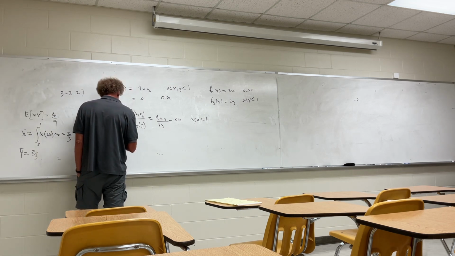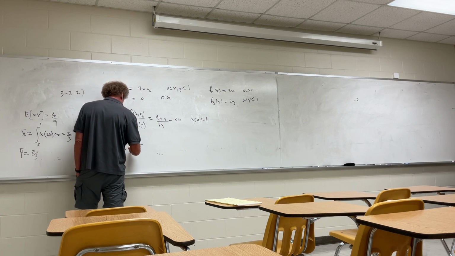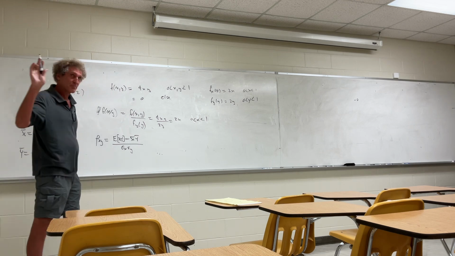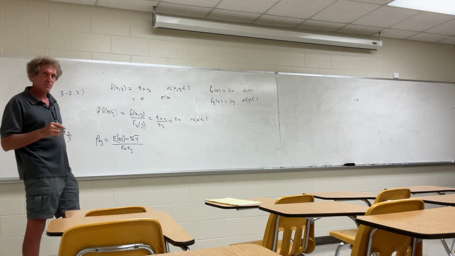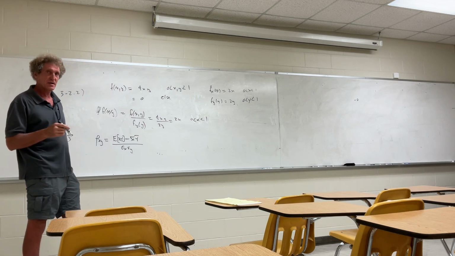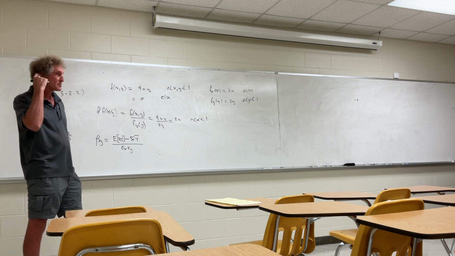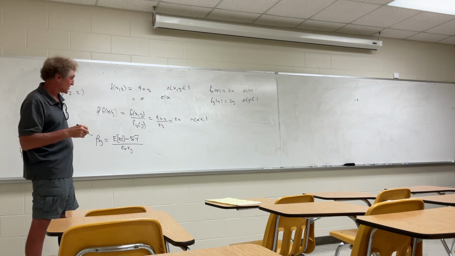It's the expected value of x times y minus x bar y bar over sigma x sigma y. How many remember that? If you don't remember it, you will. You're going to get this over and over again in the next several lectures. And that came from the covariance matrix that I'll spend a little time with in a second.